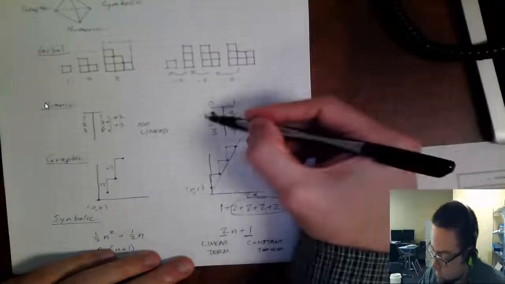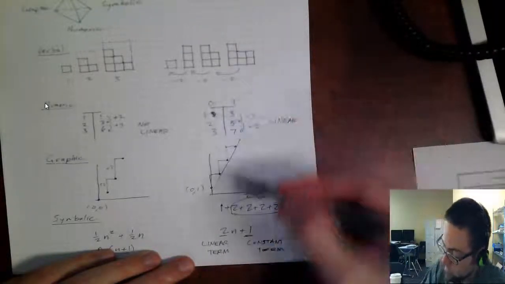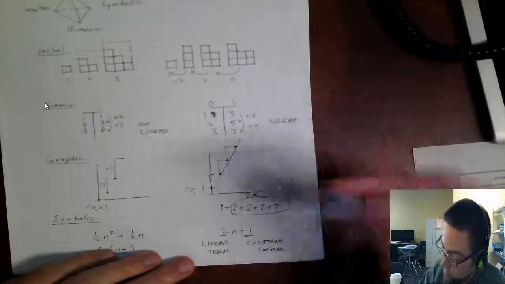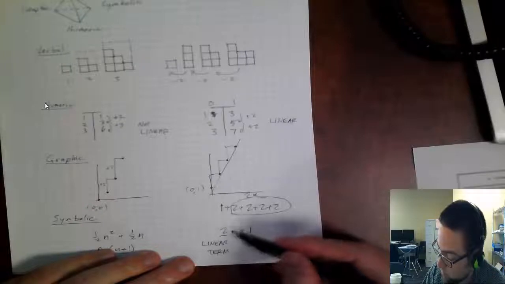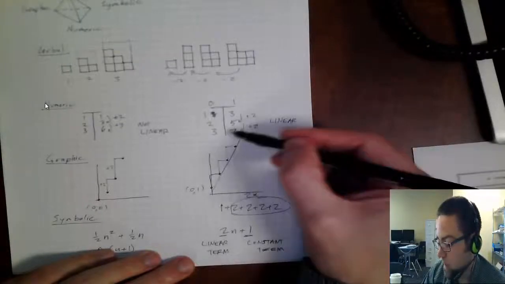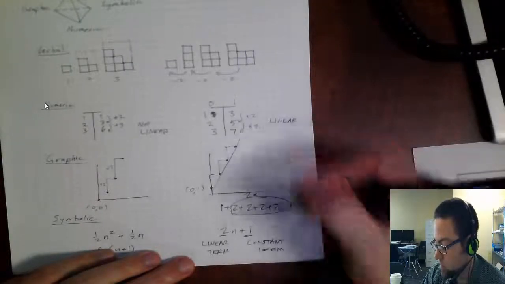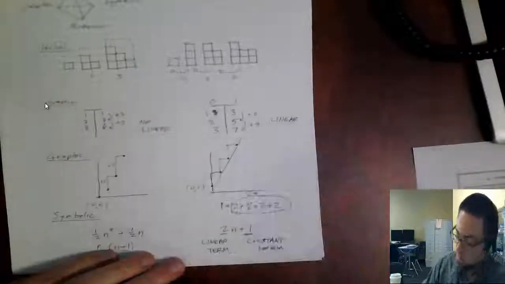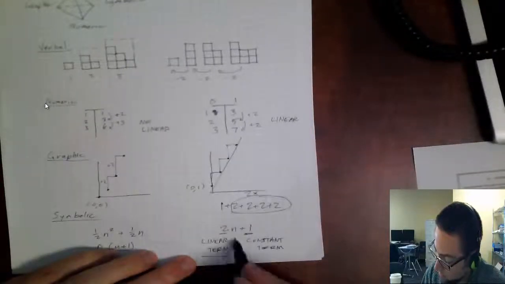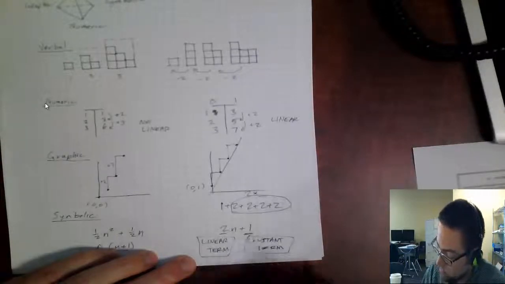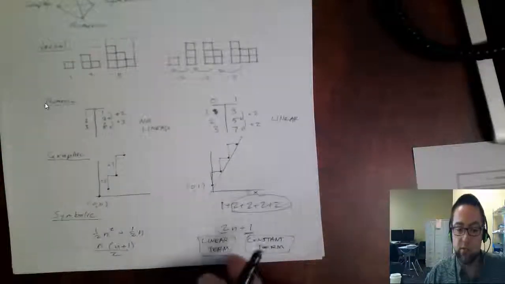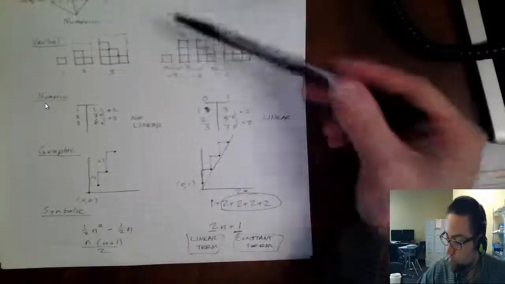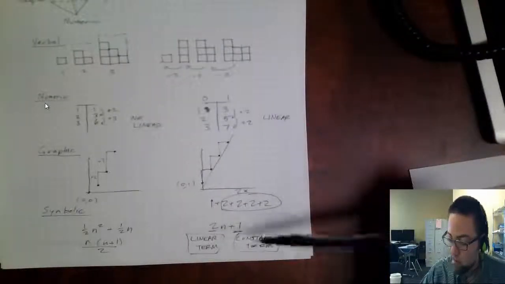So at the first position we had 1 2, so it was 3. The second position we had 2 2's, so it was 2 times 2, which is 4, plus 1 is 5, and so on, right? 3 2's, 3 times 2 is 6, plus 1 more is 7. So this is how the symbolic representation of the function is derived in comparing functions that are of a linear type.